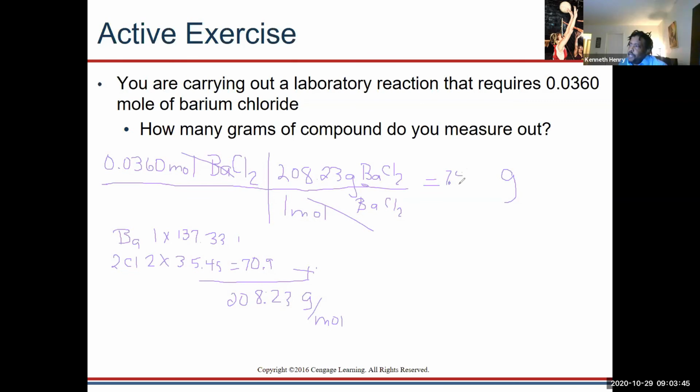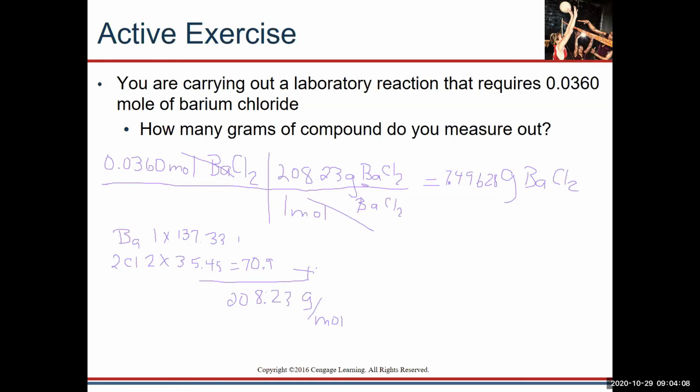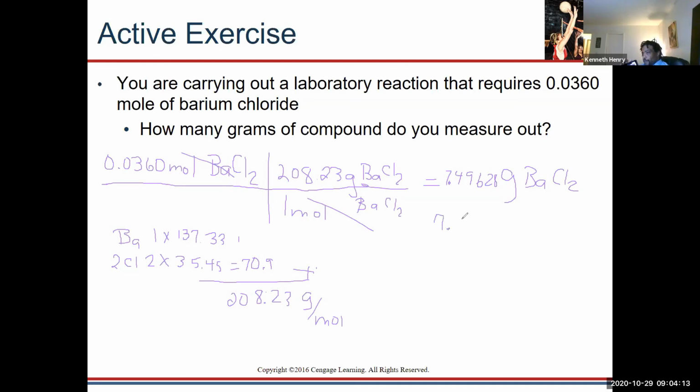So if I have 7.9628, my answer should be... So then shouldn't it be 7.50? 7.50 grams of barium chloride. That is correct.